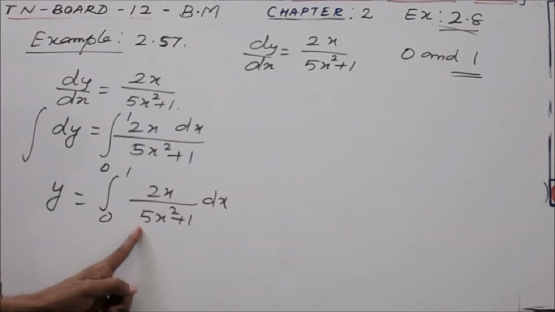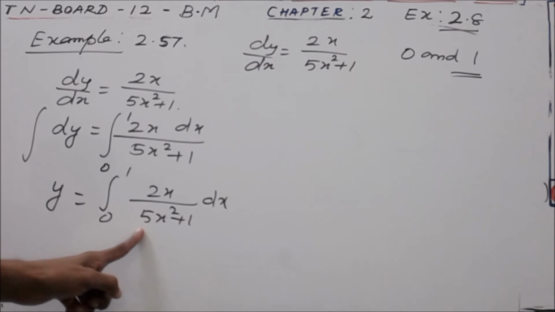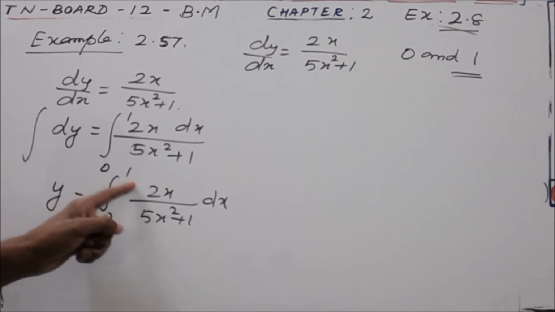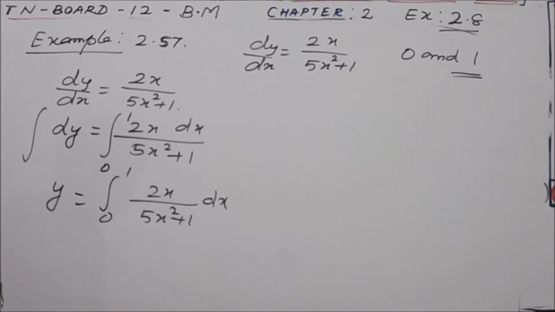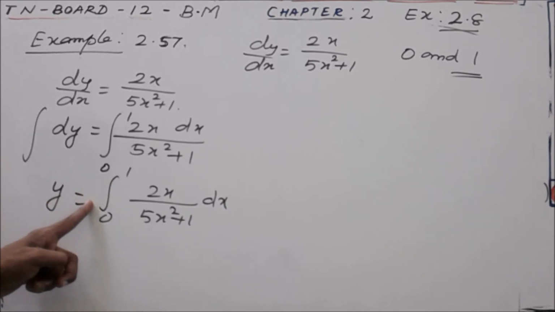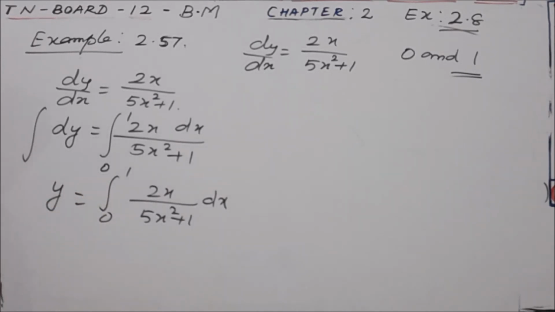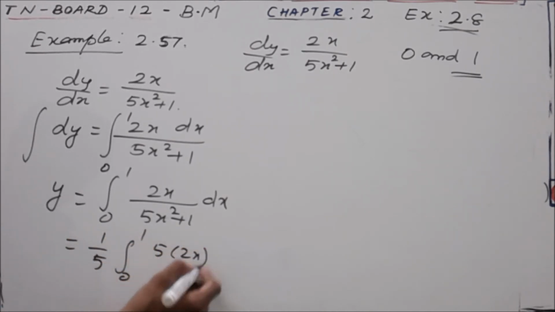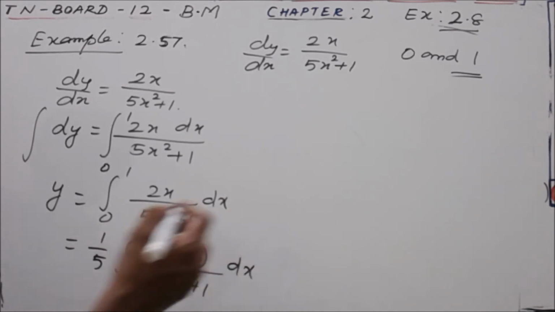Look at the denominator, 5x square plus 1, its derivative is 10x. So we can multiply the numerator by 5, we will get 10x. At the same time we should divide it by 5. So it will be changed to 1 by 5 integral 0 to 1, 5 into 2x divided by 5x square plus 1 into dx.